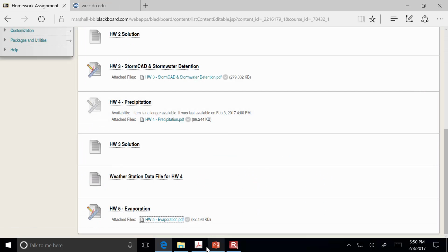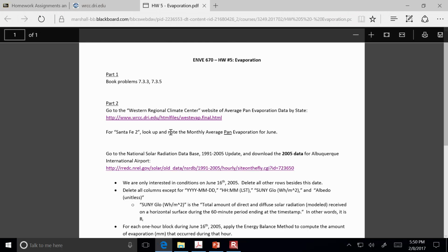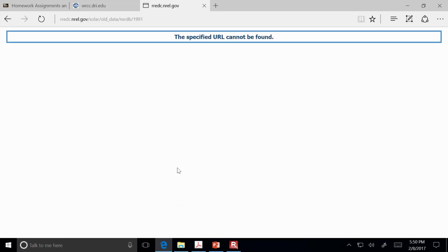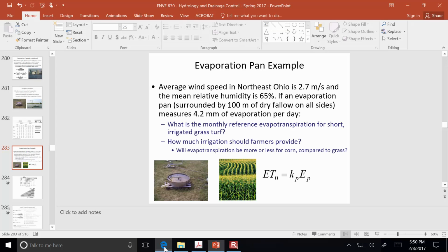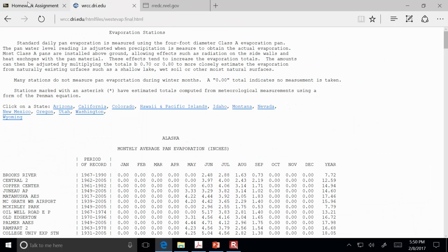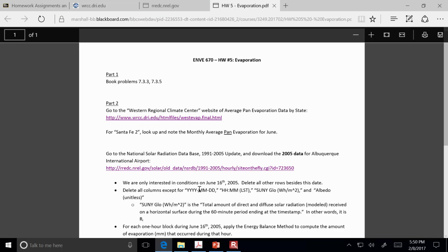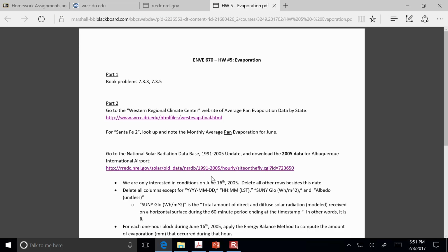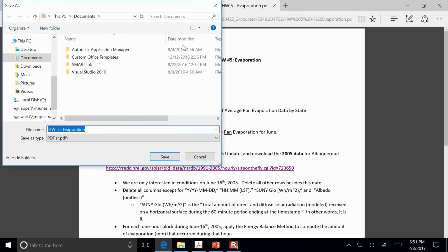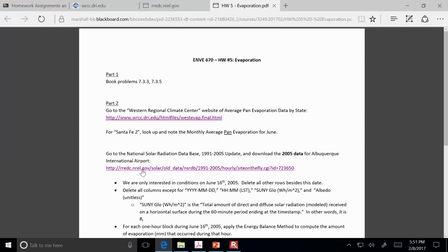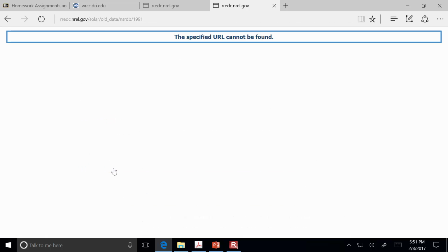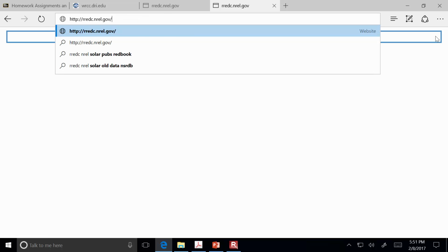But what's a little bit more tricky, the first time I clicked this link it wasn't working, but let's see if it is now. So strange. All right, so okay, here's what you're going to have to do.